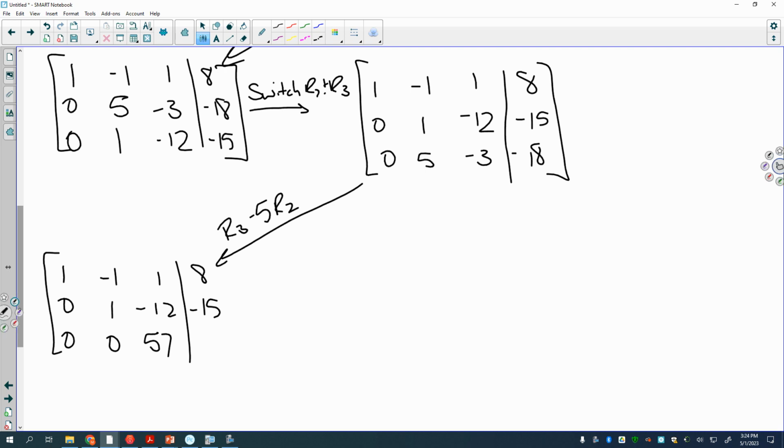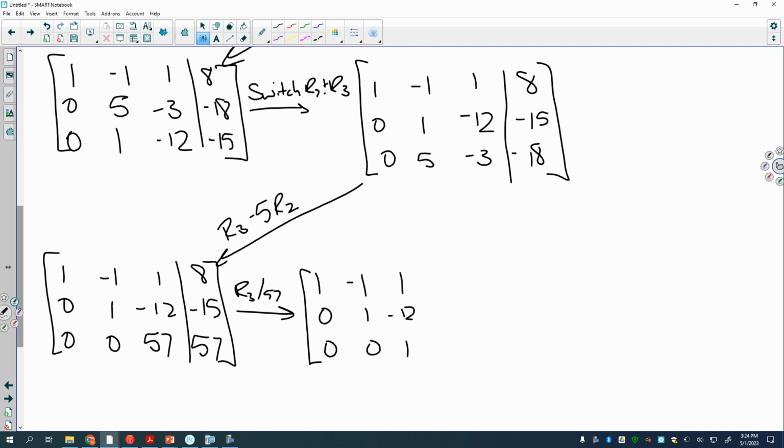And then it's going to be negative 18 plus 75, which is also 57. Then I'm going to just divide that by 57. Really nice this way. Gets me one of my rows completely done.